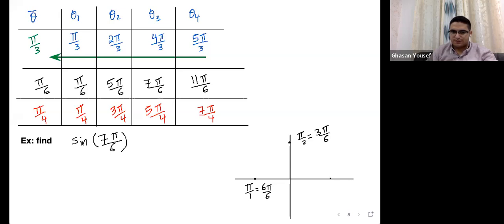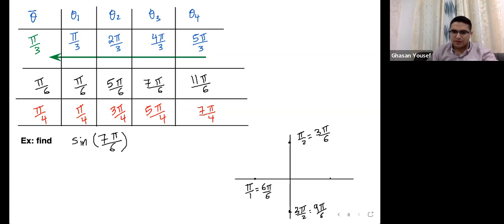Okay. Now 7 pi over 6, let me check. Is it in the third quadrant? The third quadrant finishes at 3 pi over 2. To make the denominator 6, we multiply both sides by 3, so this is 9 pi over 6.